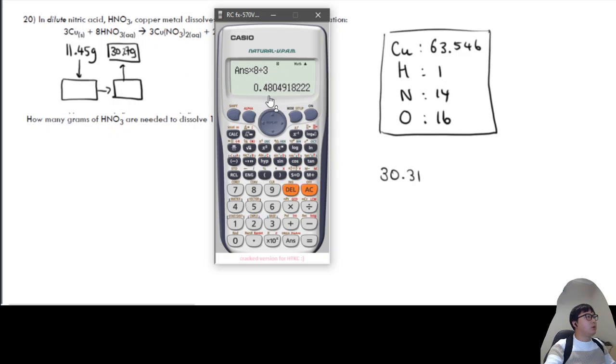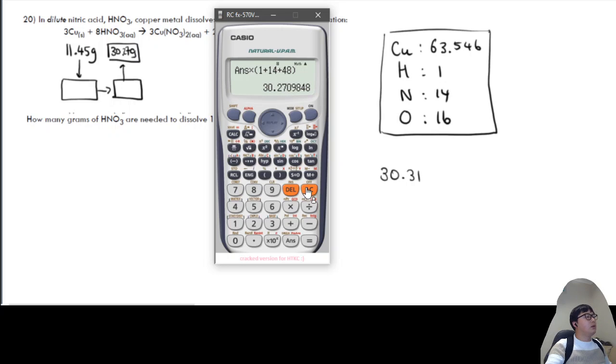Then you get that many moles of the HNO3 needed. So if there are 3, you need 8. So what that means is that 3 copper reacts with 8 acid. You have that many acid, and times that by the molar mass. Molar mass is 1 plus 14 plus 48, right? Then you get 30.27.